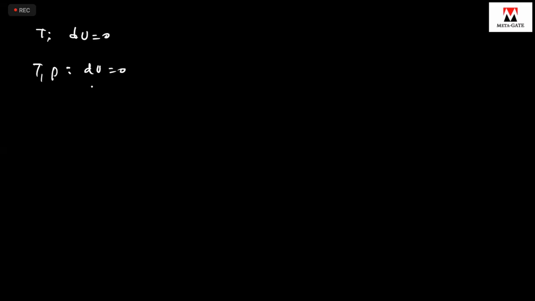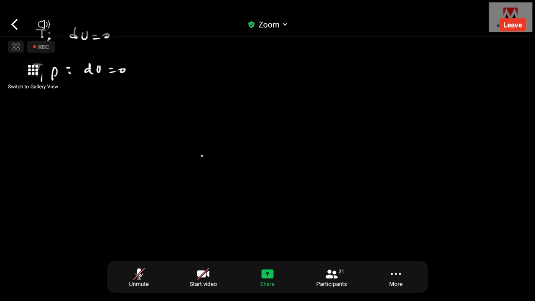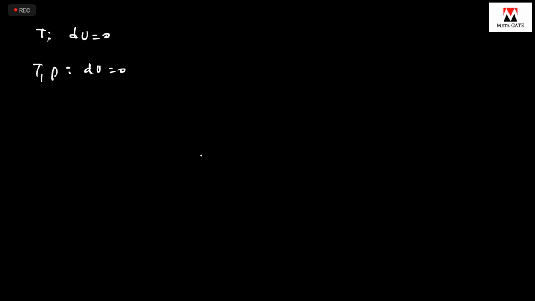Because, sir, if the process is reversible, whatever heat is given to the system is actually utilized in doing work, so Q equals W. So temperature and pressure remain constant, so the internal energy change is also zero.